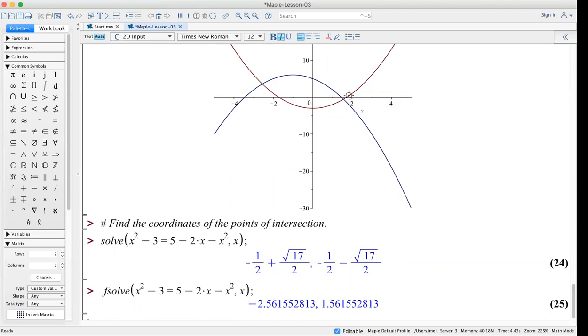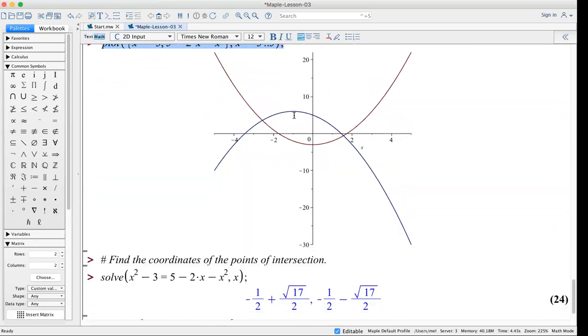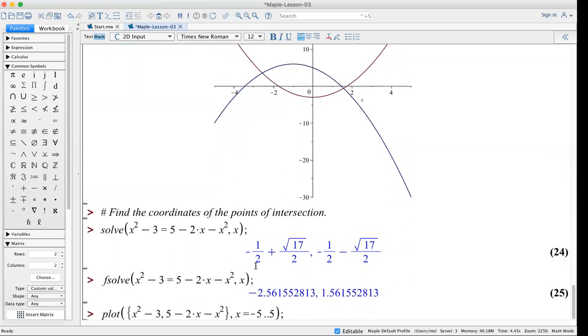If you want to find the y coordinate at this point, well, one thing you could do is to blow up the graph at this point. Let's do that. So this is a kind of magnification process.